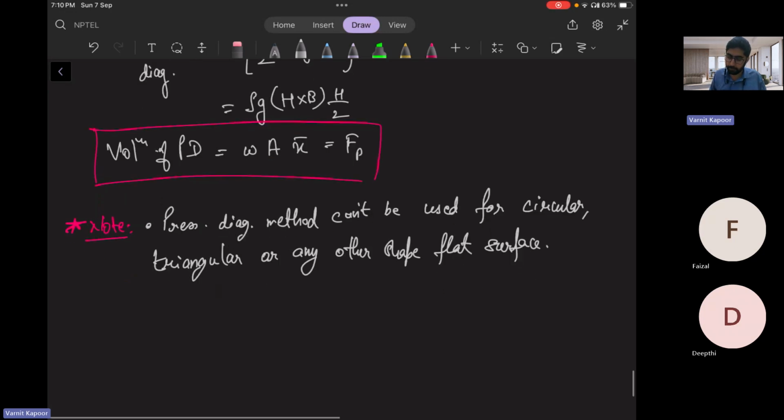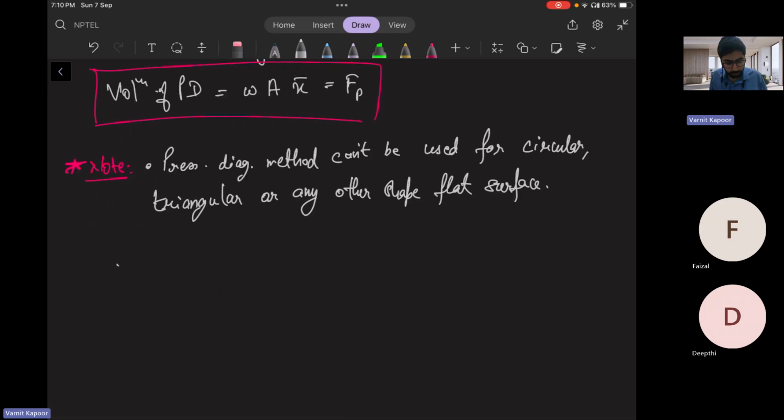So far, we are dealing with flat surfaces only. No curved surface has come so far. It is only applicable for rectangular flat surfaces.